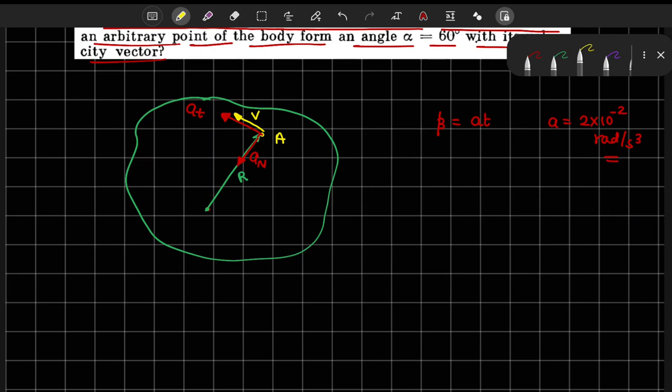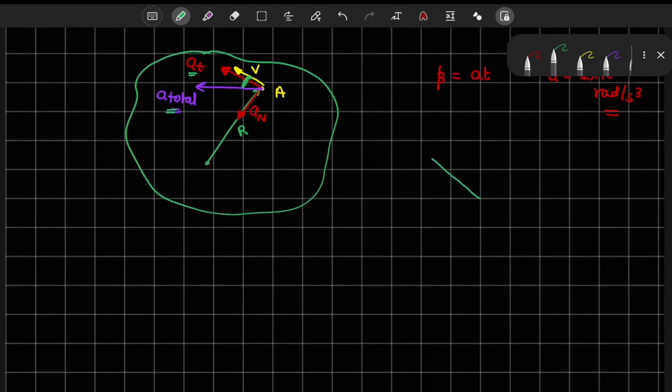Now the problem asks us to find the time instant at which the total acceleration is making an angle of 60 degrees with the velocity vector. This is also the angle between the tangential acceleration and the total acceleration. So let us say this is the tangential acceleration, this is the normal acceleration, and this is the total acceleration.